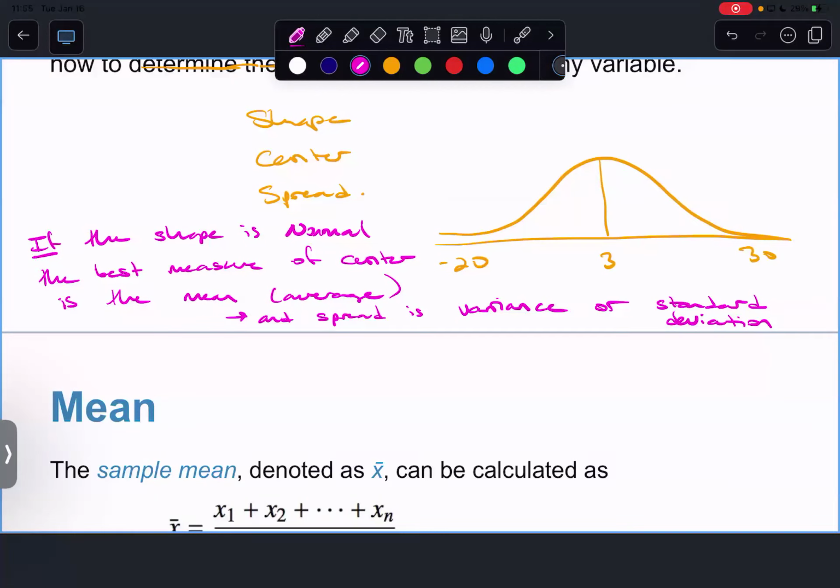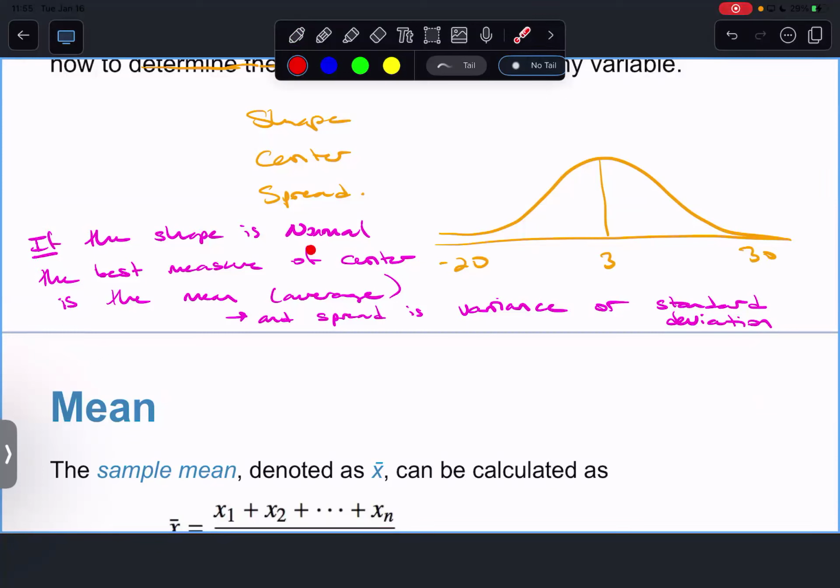Even if you don't know what it is or how to calculate it, we have some kind of intuitive definition of, okay, with a standard deviation of this, it gives us some bounds on reasonable values. And so that makes it a measure of spread. Okay.